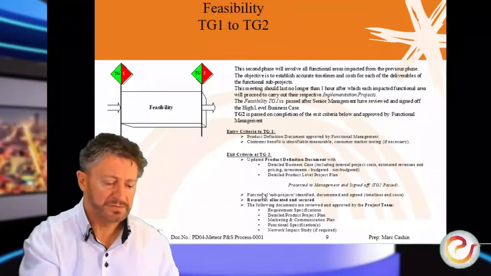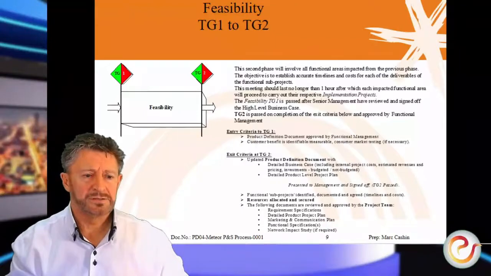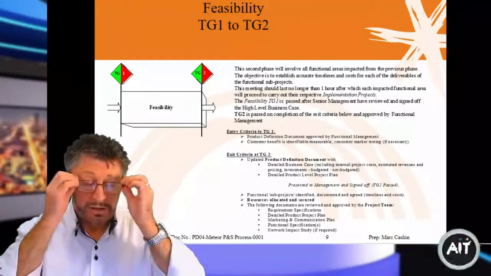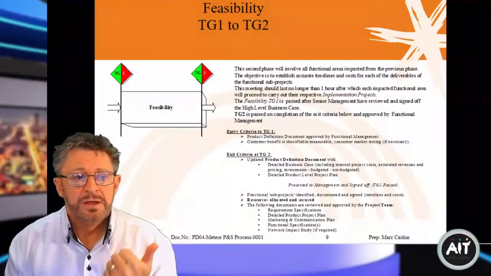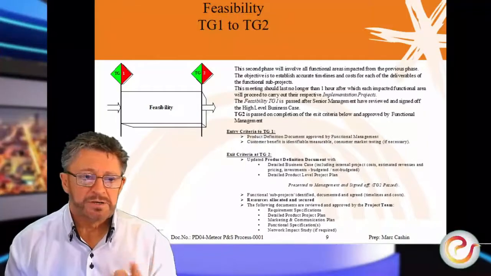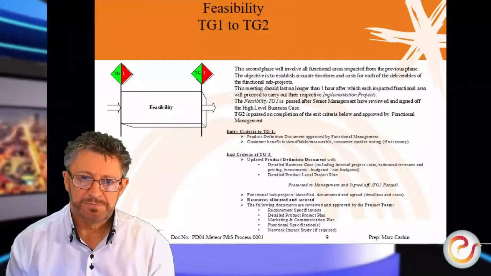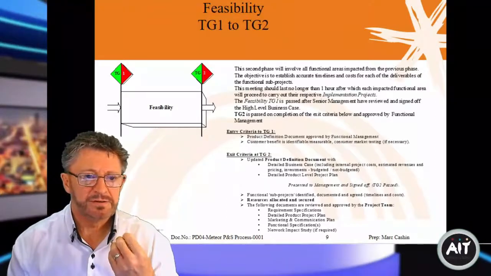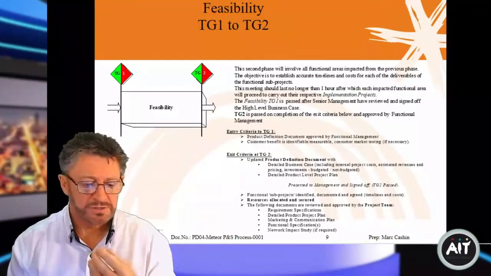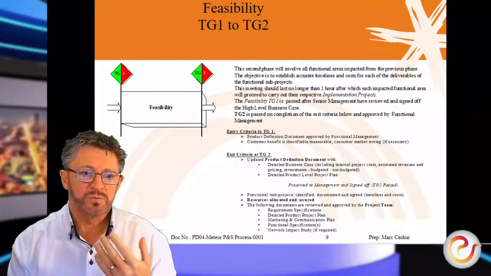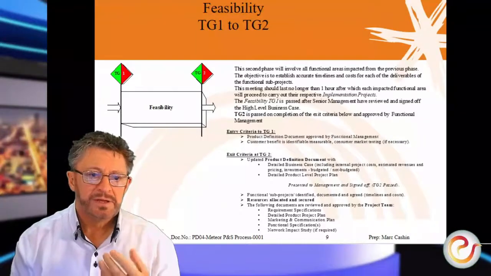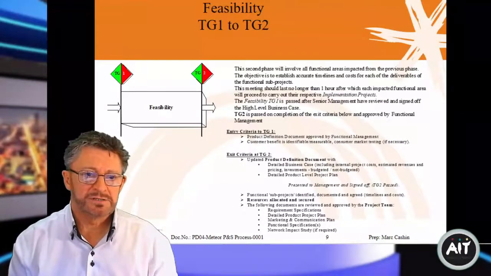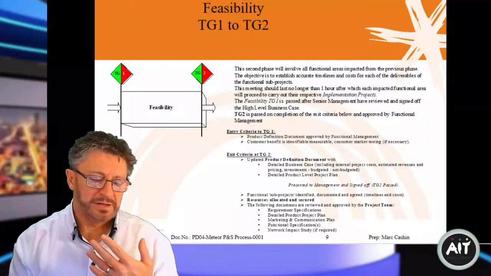And if you look at these again, I'll have to put on my glasses. The writing is quite on the smaller side. The criteria would have been, we'd update the product definition document, what it was. So a detailed business case, pricing, investment budgets, and whatever other non-budgetary elements we might need. Internal project costs and estimated revenue.